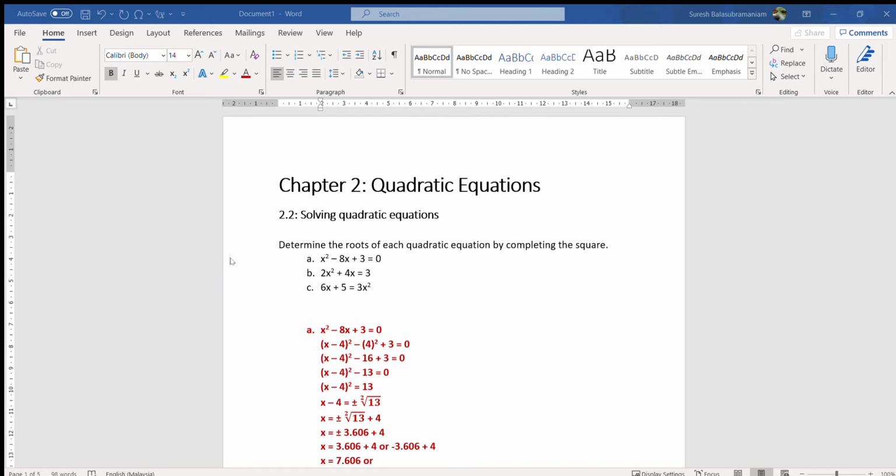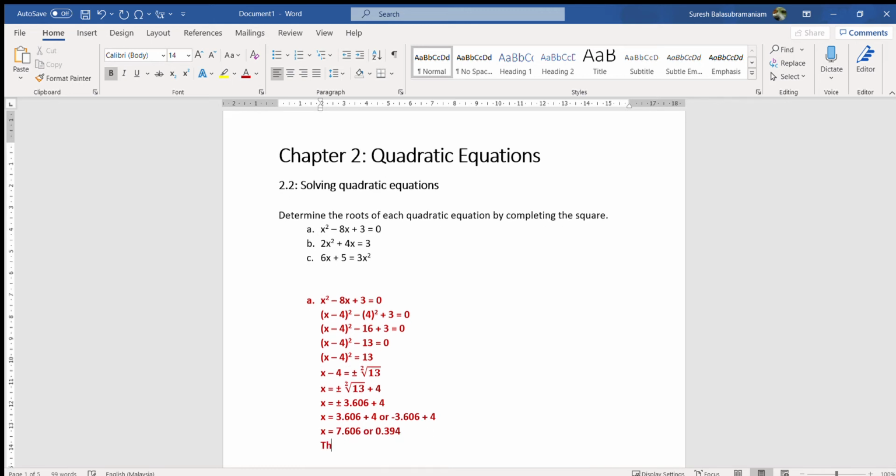Negative 3.606 plus 4 is 0.394. So that will be the answer. The roots of the equation are 7.606 and 0.394. This is the answer, and that's how you do completing the square.